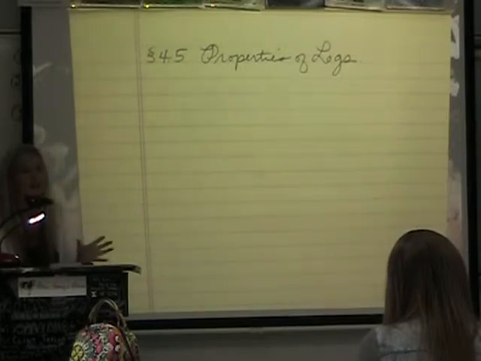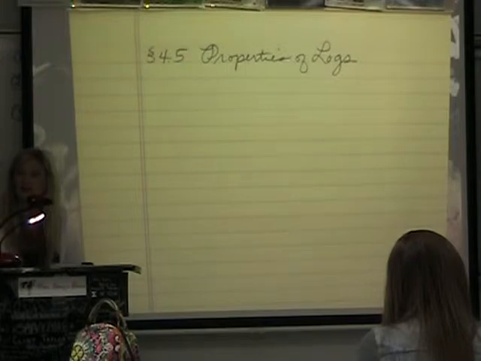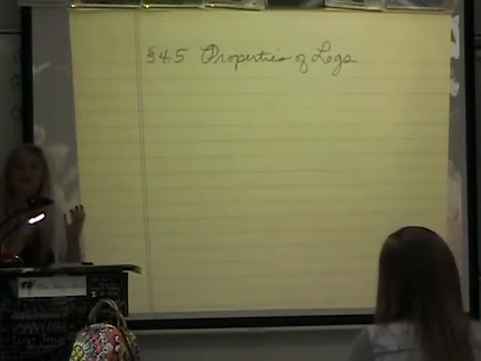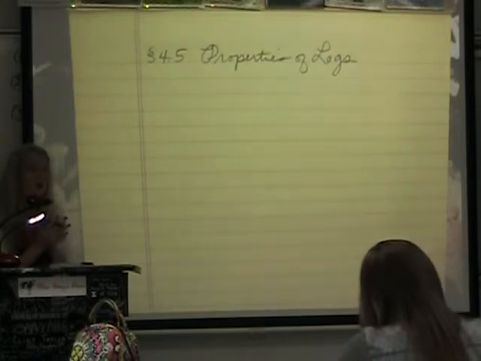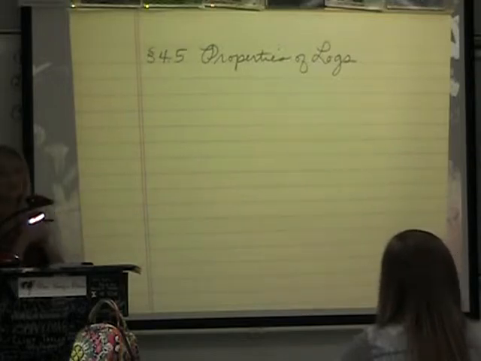So we talked about the exponential family in 4.3. Then 4.4, we learned the basics of logarithms. Today we're going to continue talking about logs and just learn some more of the properties that are involved when you're dealing with logarithms. And then in 4.6, what we'll do is bring exponentials and logs together, and we'll solve those exponential and log equations in that last section of chapter 4.